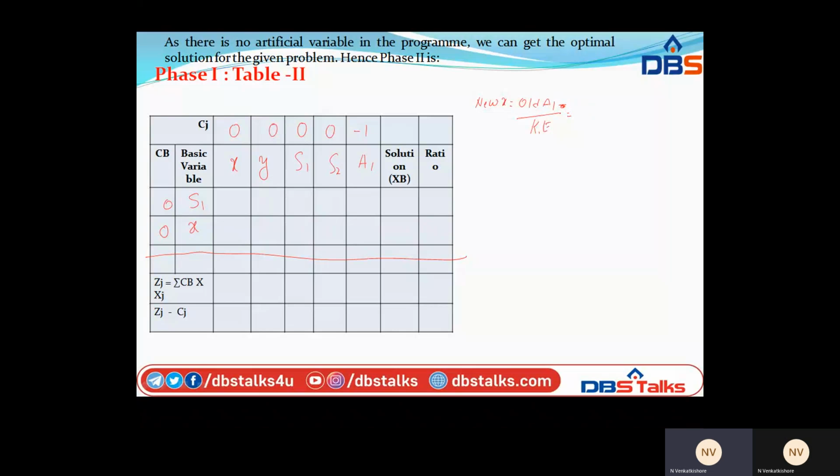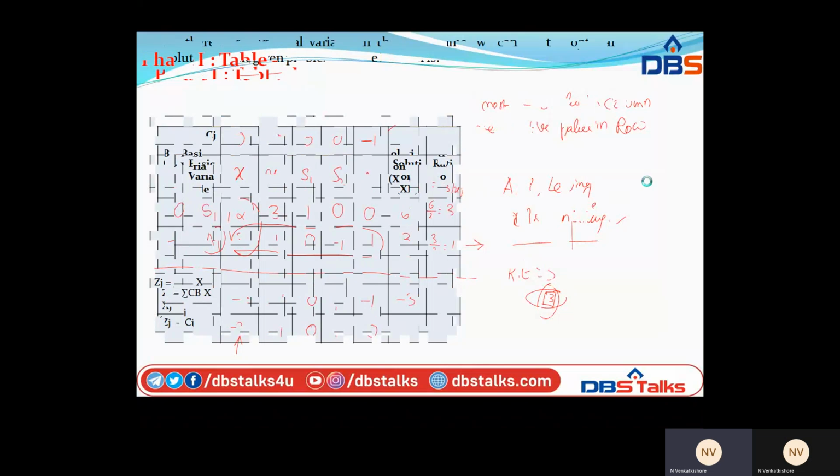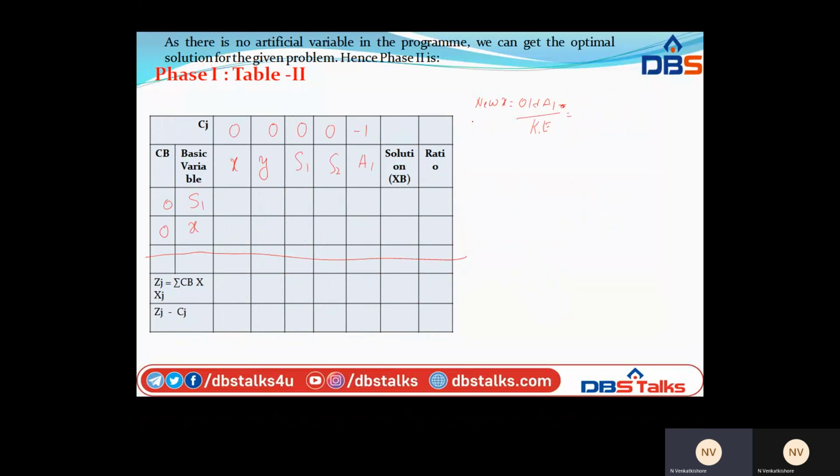What are the values of old a1? 3, 1, 0, minus 1, 1. Divided by the key element 3, we get 1 by 3, 0, minus 1 by 3, 1 by 3. So straightaway write those values: 1, 1 by 3, 0.